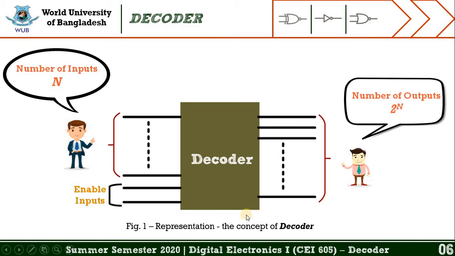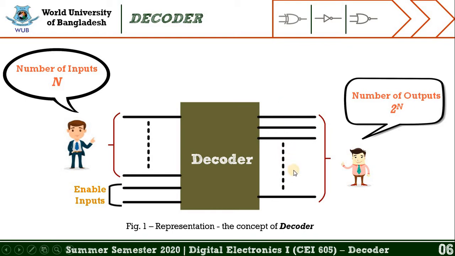From this slide, we may learn a conceptual diagram of the decoder. As we have already learned in the overview, there are n inputs, which are placed on the left side of this figure, and 2 to the power n outputs, which are placed on the right side of the figure.